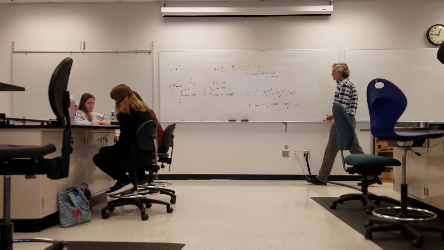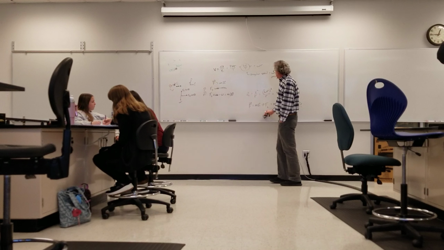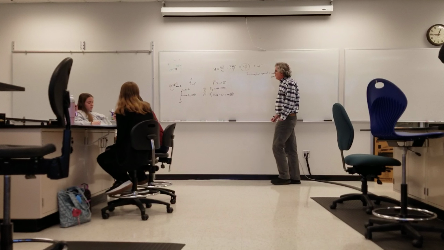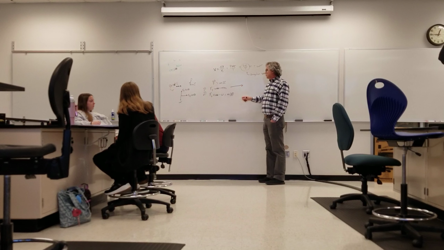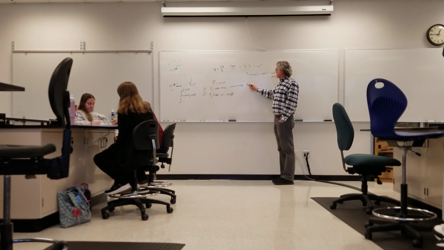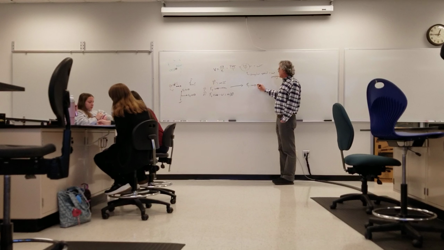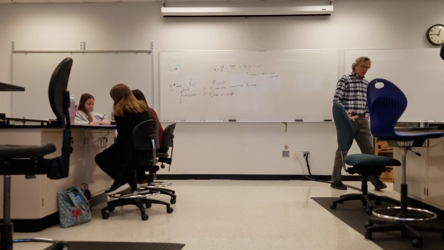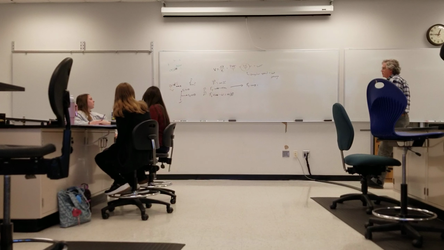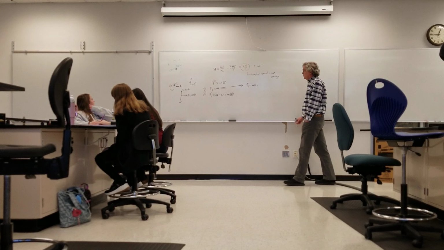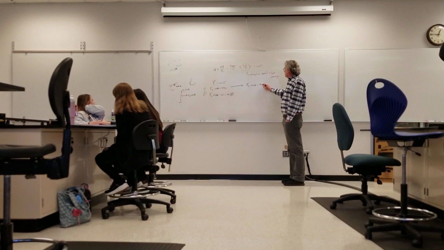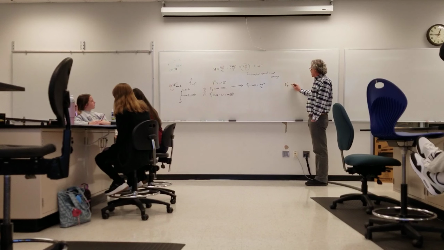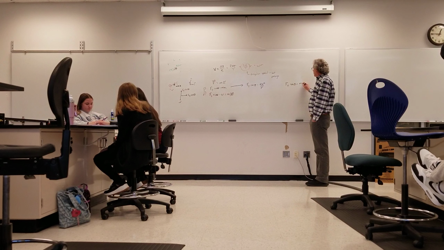Now, we sort of went through this before. So if I'm looking at this one right here, I have tension cosine of theta is equal to m, and we have 2 different formulas for centripetal acceleration. There's the v squared over r, and there's omega squared r. So if I do m v squared over r, and then over here I'll write F_T cosine theta is equal to m omega squared r.